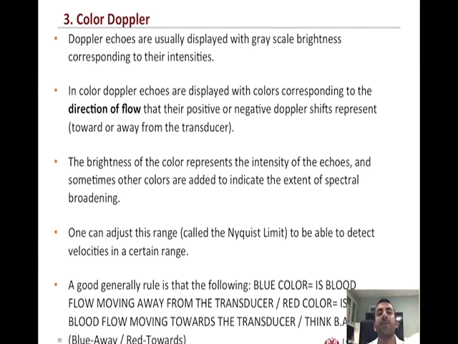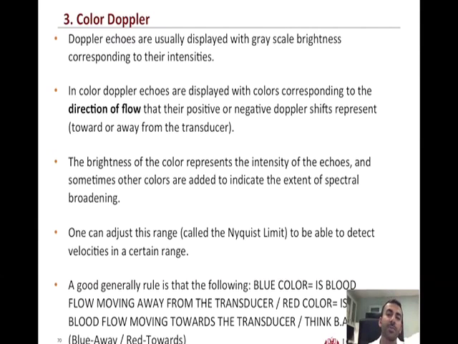Let's now go into the final modality of Doppler ultrasound, which is color Doppler. Color Doppler essentially is a collection of pulse wave Dopplers that, instead of showing you a Doppler waveform pattern, overlay a color pattern showing the direction and the intensity of those pulse wave Doppler signals.